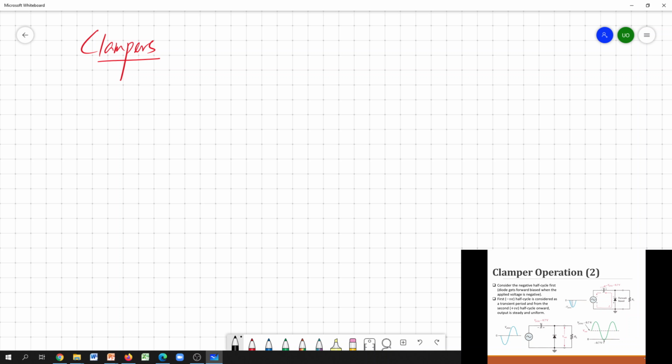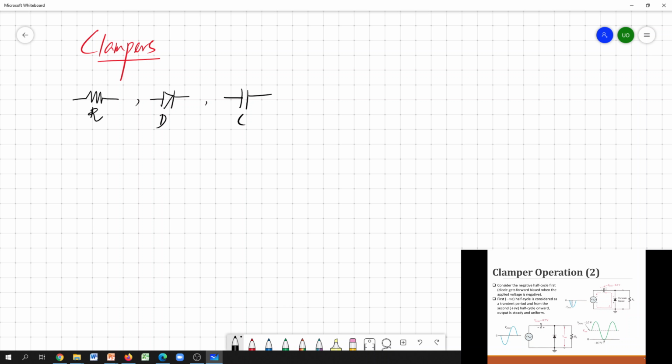So this particular circuit mainly has three elements. In general, we have these resistors. Then we have diode. The third one, we have this capacitor.